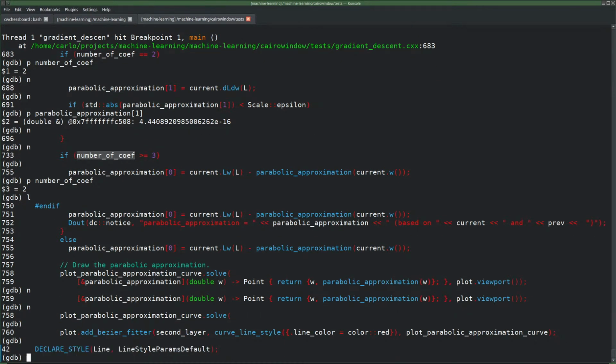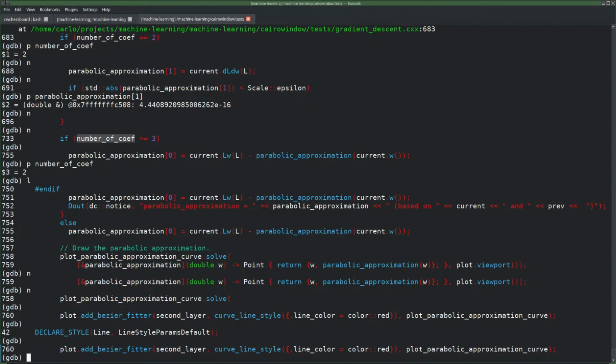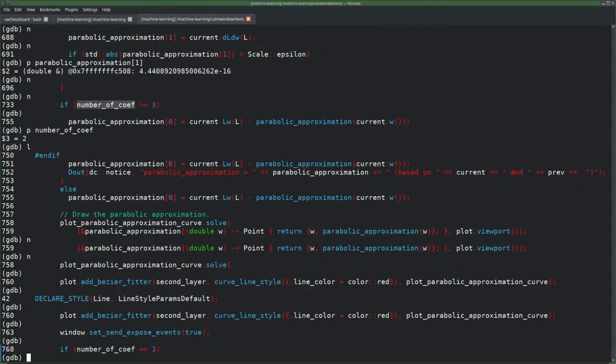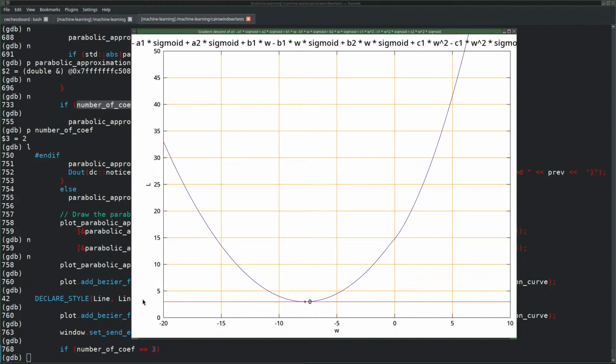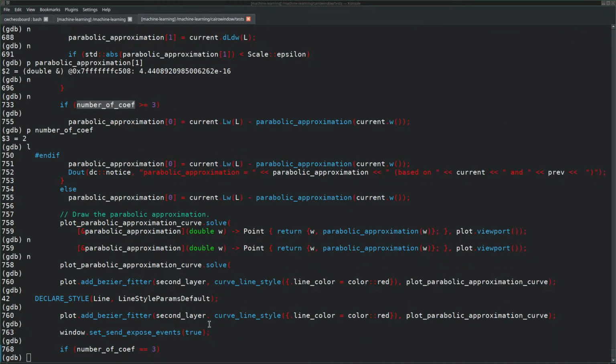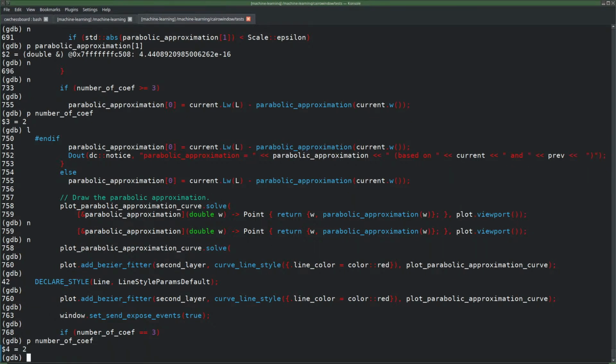Draw the thing. So that's our fitted polynomial. It's a straight line, horizontal. It's a constant. The number of coefficients did not change yet.